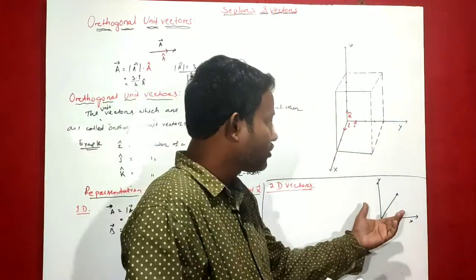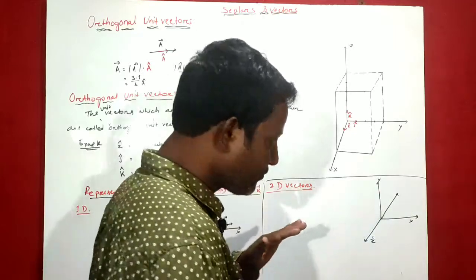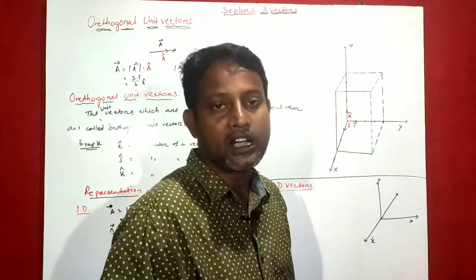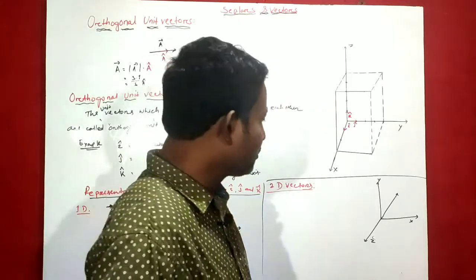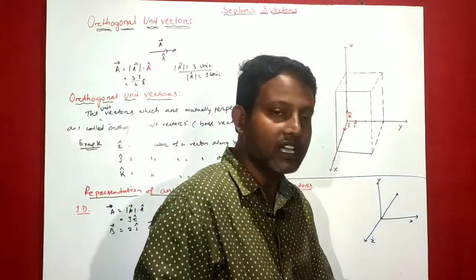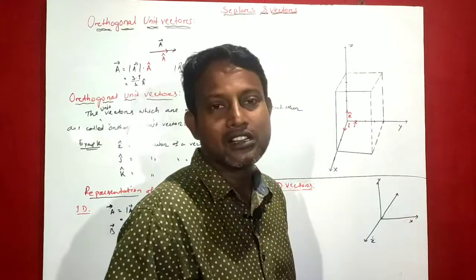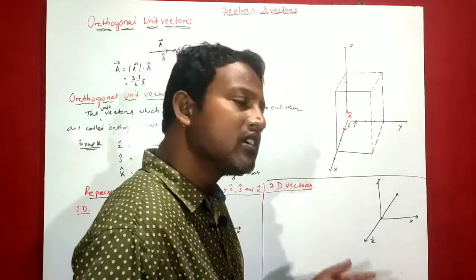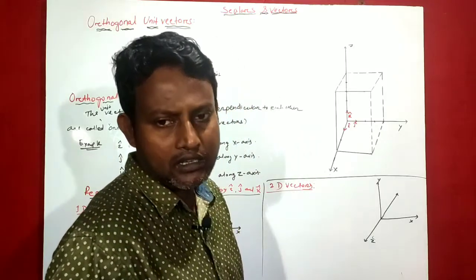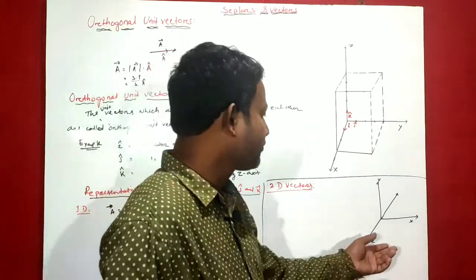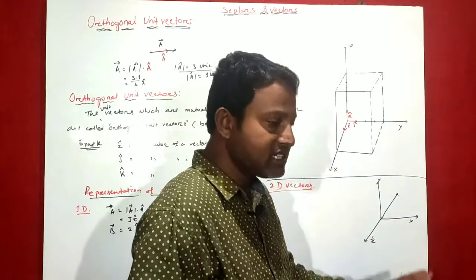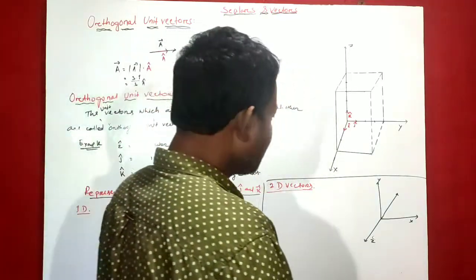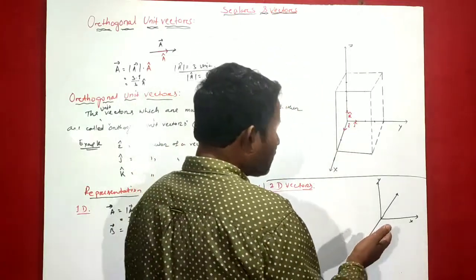Guys, we always take the xy plane as the surface of the earth. We consider the xy plane the surface of the earth, that means the horizontal surface. So guys, don't confuse. We can take any coordinate plane as the surface of earth. So look here, don't confuse.